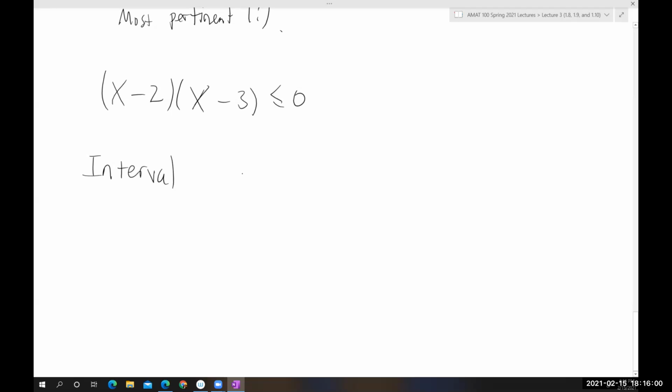First, let me point out the zeros, the numbers here. It's clear what numbers you need to plug in to make this expression equal to 0, and that is x equal to 2 and x equal to 3.